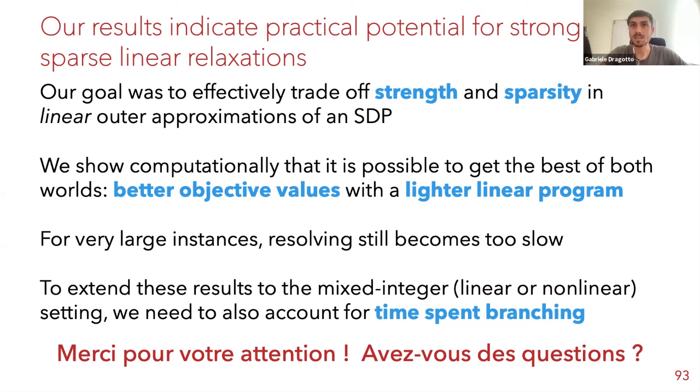My question is, in practice, what's the average number of disjunctive terms you consider? And does the percentage of the gap you close in some instances depend somehow on the number of disjunctive terms?